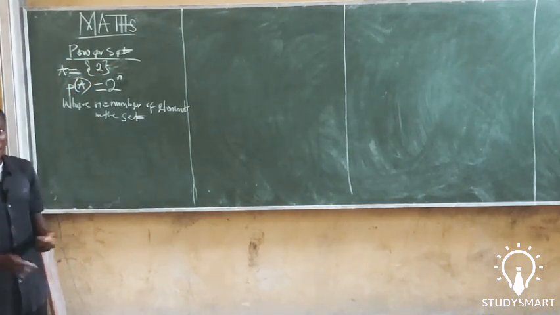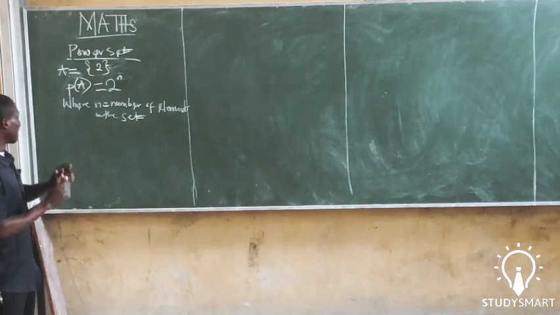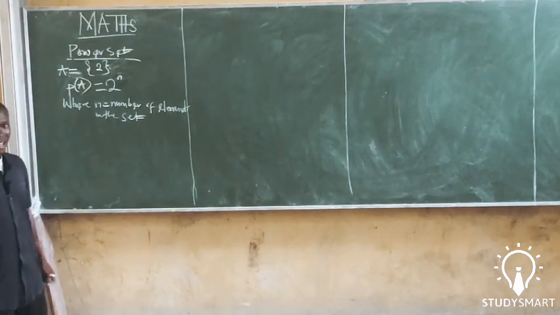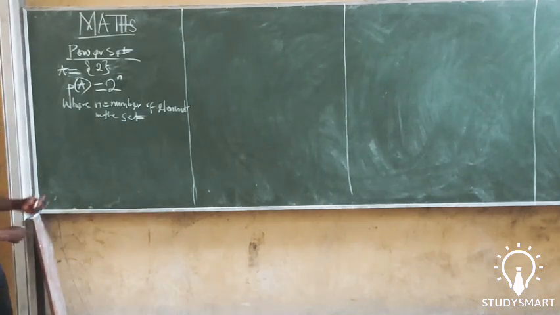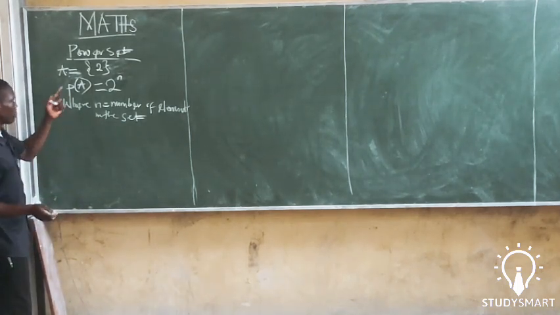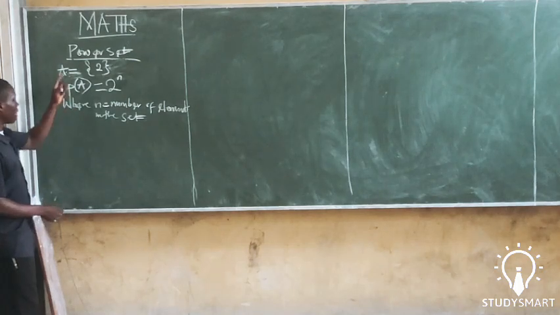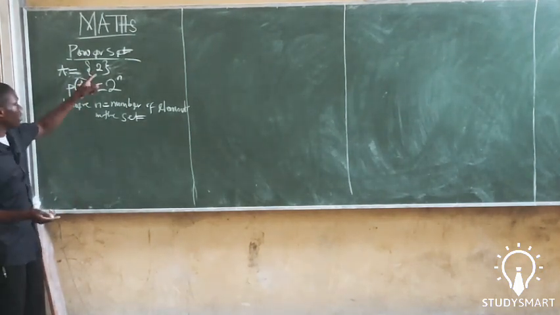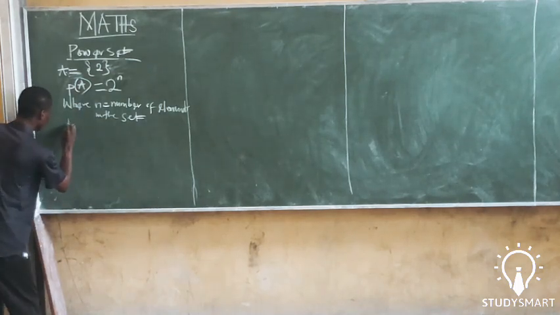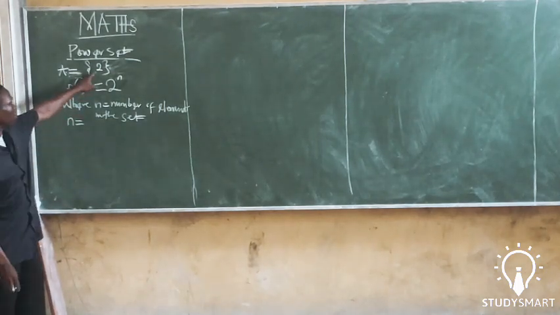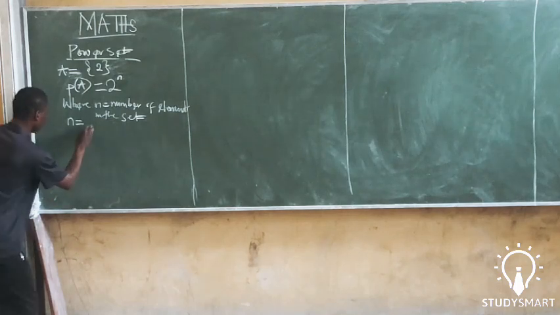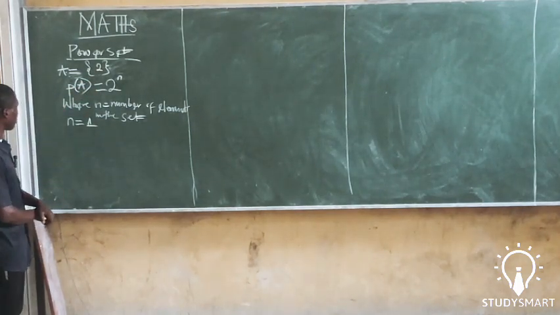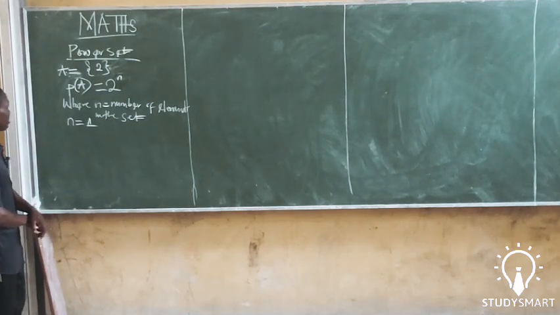Don't forget, a power set is the set that has all possible subsets of that element, including the empty set and itself. What that means is that if I'm asked to find the power set of this expression, first of all, I'm going to look for the number of elements in that set, which is n. The number of elements in this set is just 1.